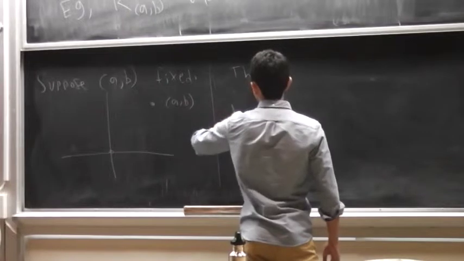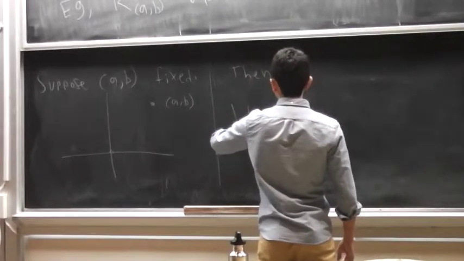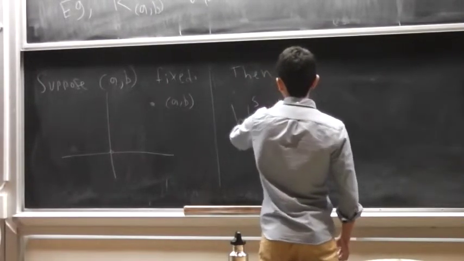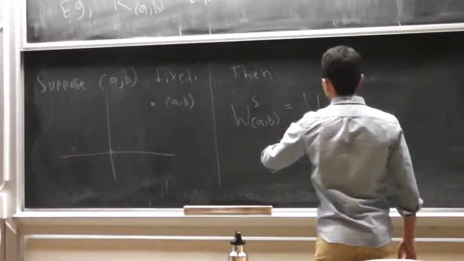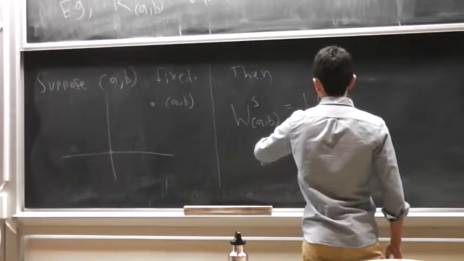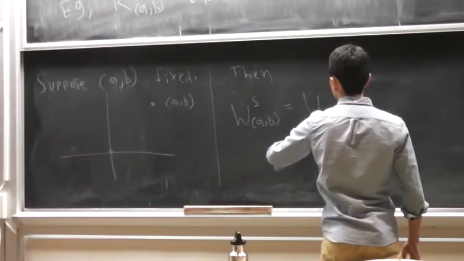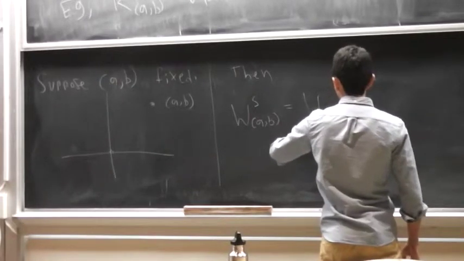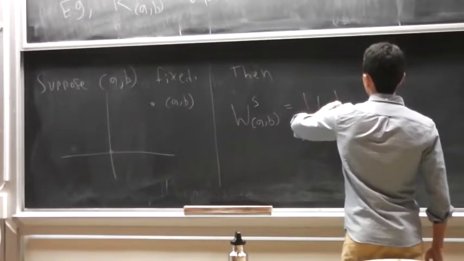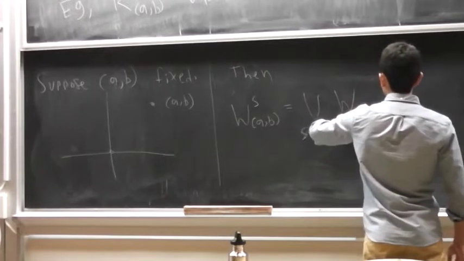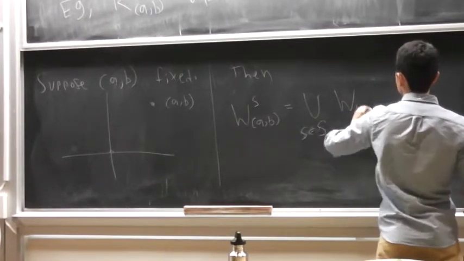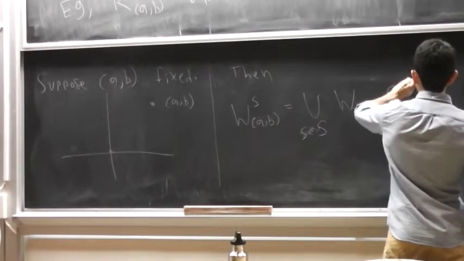Then what we can do is we can say the walks to AB with steps in S equals the union over little s belonging to capital S of the walks to AB minus s, concatenated with s.